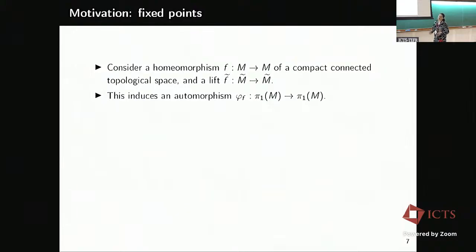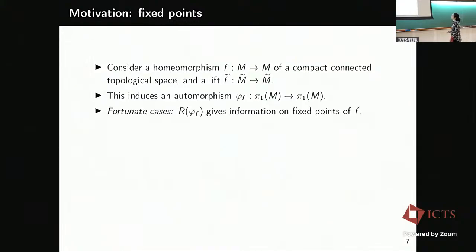Now, if you have an automorphism of a group, you also have a Hadamard number. And in fortunate cases, the Hadamard number of that group automorphism will give you information about the fixed points of f.